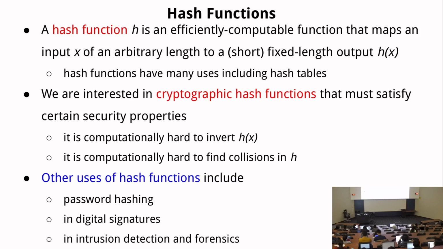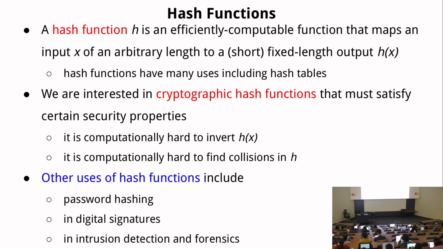But the function used in a hash table is not necessarily a crypto hash function. In this course, we talk about crypto hash functions. Later I will show you a regular hash function, then we talk about crypto hash functions. A crypto hash function should be computationally hard to invert. Invert here doesn't mean getting back to x, more like finding a collision, something like that.